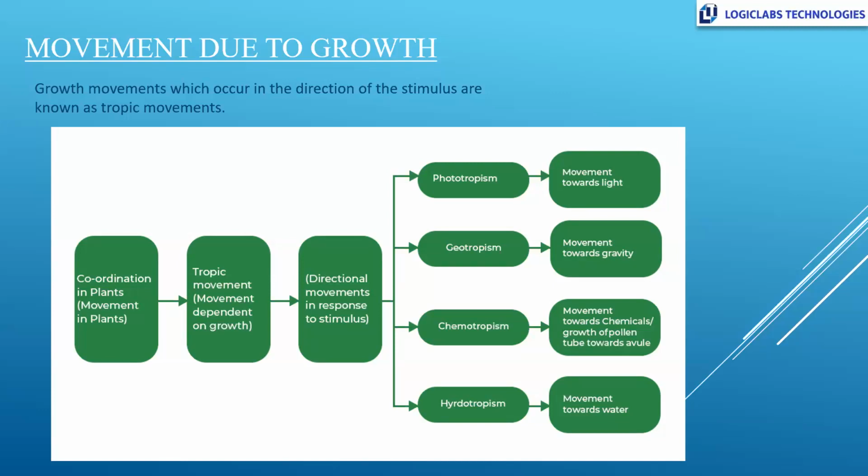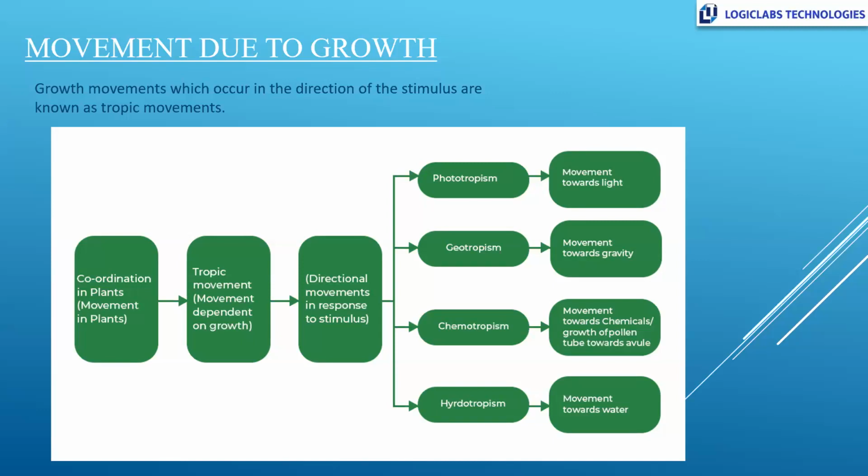All this is because of the tropic movements which take place, that may be dependent on growth, or else the directional movements in response to stimulus. So this tropic movement is mainly dependent on the growth. As they grow, the movement also changes.